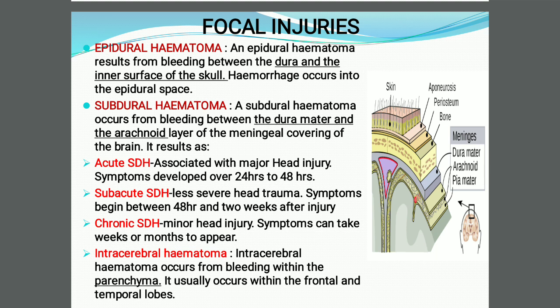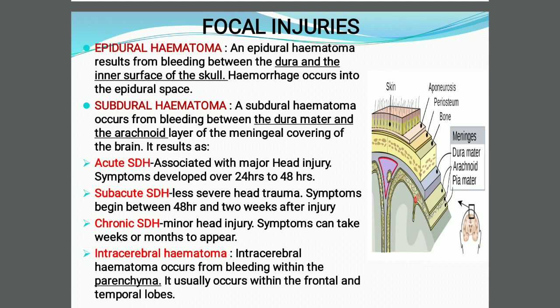There will be changes in the level of consciousness, changes in pupil reaction, and the patient will experience coma, increased blood pressure, decreased heart rate, and slow respiratory rate. The increased blood pressure is mainly because of the hematoma.